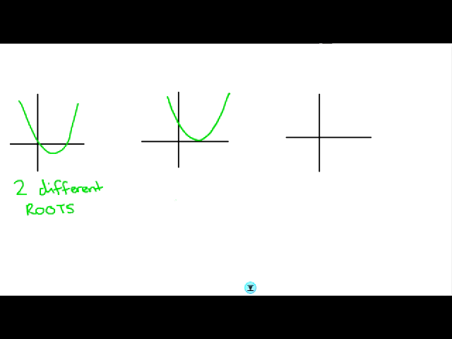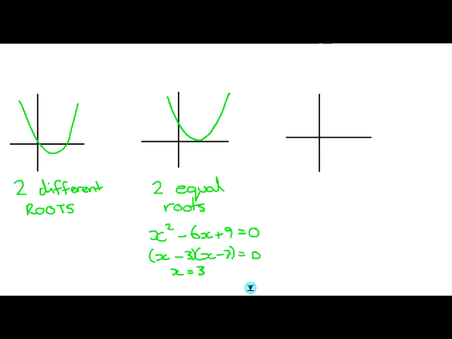Okay, there we go. So you can see it just touches the x-axis. It doesn't actually go past. So we still say it has two roots, but we say it has two equal roots. Now, just so I don't confuse you at this point, if you imagine this quadratic, if we were to solve this, we could write this as x minus 3 squared, please take my word for it, and therefore when we solve this, we would just get 3.